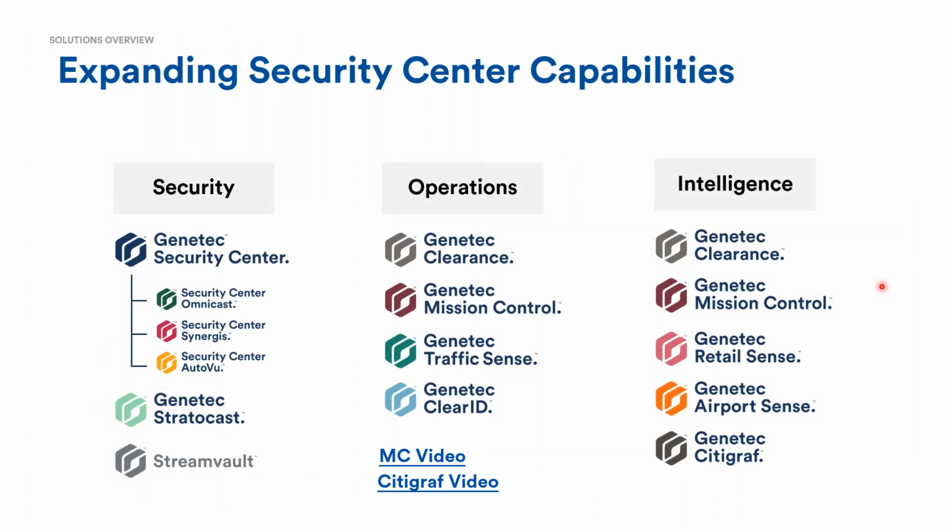Now, we have gone over some of how to build the bill of materials for our standard system, our enterprise system and our professional system as well. Obviously, the Genetec platform is capable of supporting far more than that. We have capabilities such as Clearance, Mission Control, CityGraph, Airport Sense, as well as more in-depth details about AutoVu and license plate recognition solutions also.